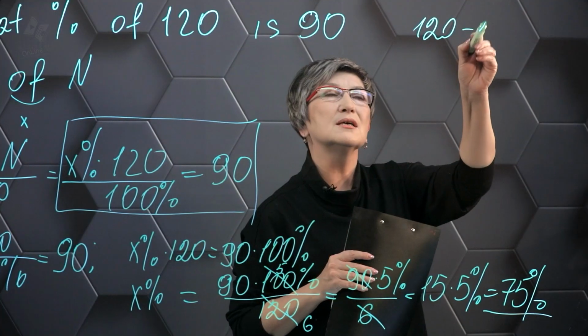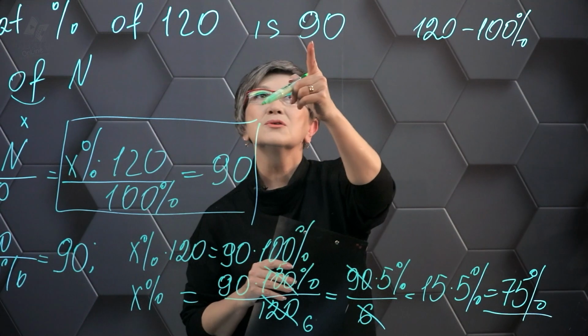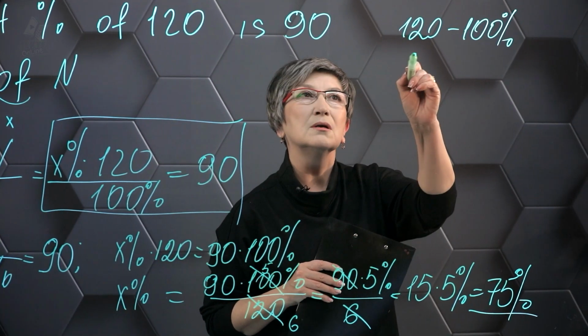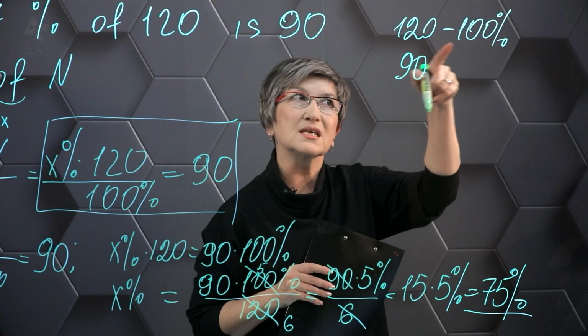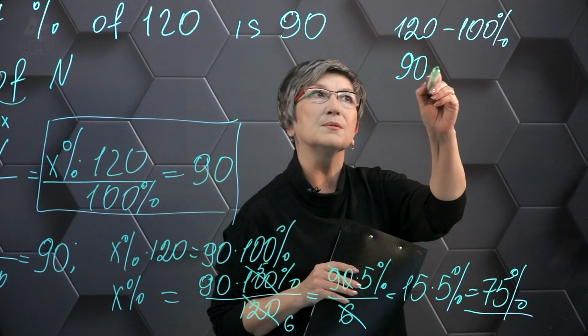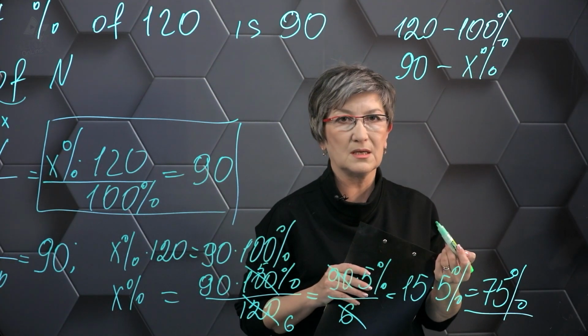That's why I write 120. That's 100%. And what we need to find is, how many percent is the number 90? Don't forget that I write percentages under percentages and numbers under numbers, so we don't know the percentages, so I wrote x percent.